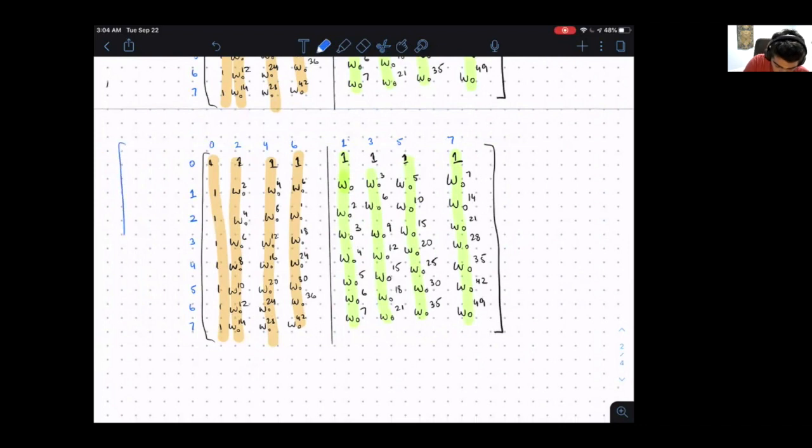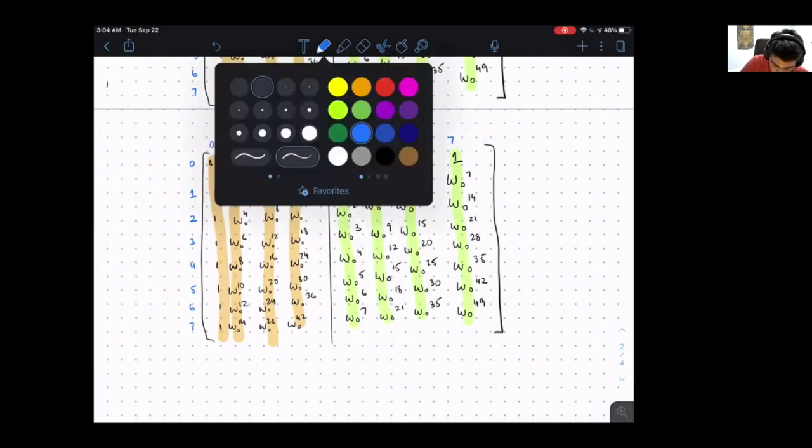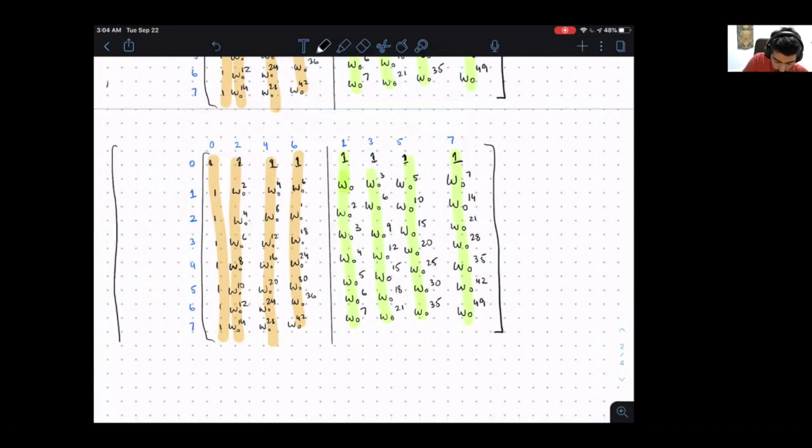Even with this reformulated matrix, we still have P of 1, P of omega naught to the 1, P of omega naught squared, P of omega naught cubed, P of omega naught to the 4th, P of omega naught to the 5th, P of omega naught to the 6th, and P of omega naught to the 7th.